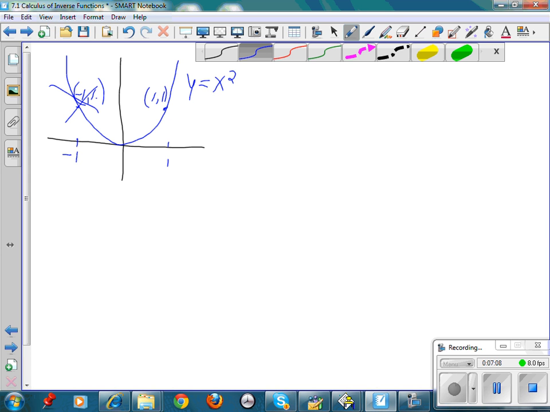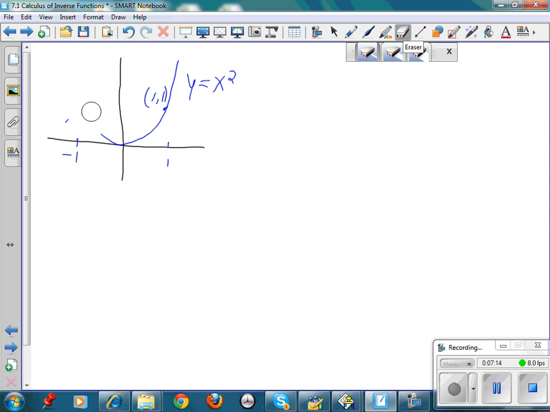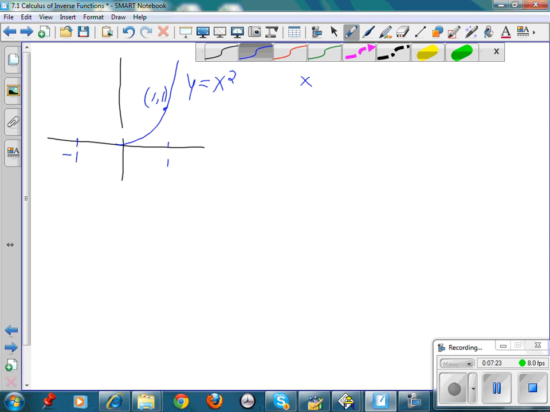This won't work, so what they might typically do is constrain the domain. Well, look, that does have an inverse now. If I say y equals x squared only for x greater than 0, now I've defined a 1-to-1 mapping. For every x, there's one and only one y.